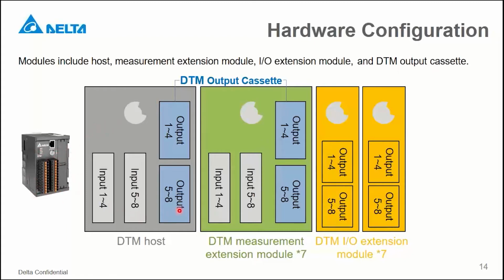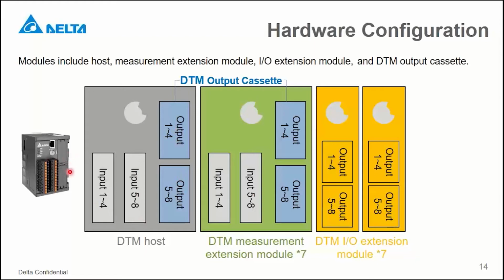This module is actually the same thing as a host. We can see these two slots are input, and each of them supports 4 channels. Back to the real thing, you can see here this is the input. For the output, for the standard product, we reserve the slot because we don't know what type you need.